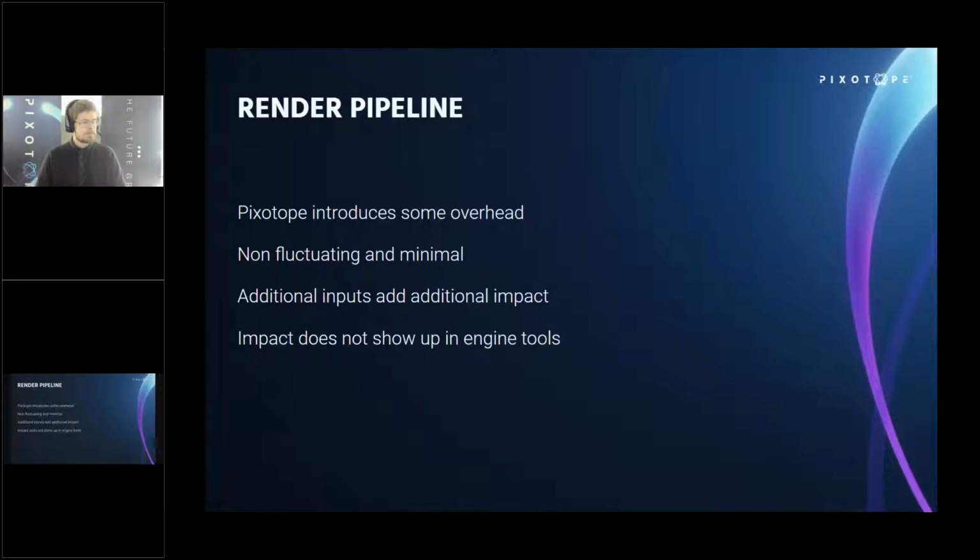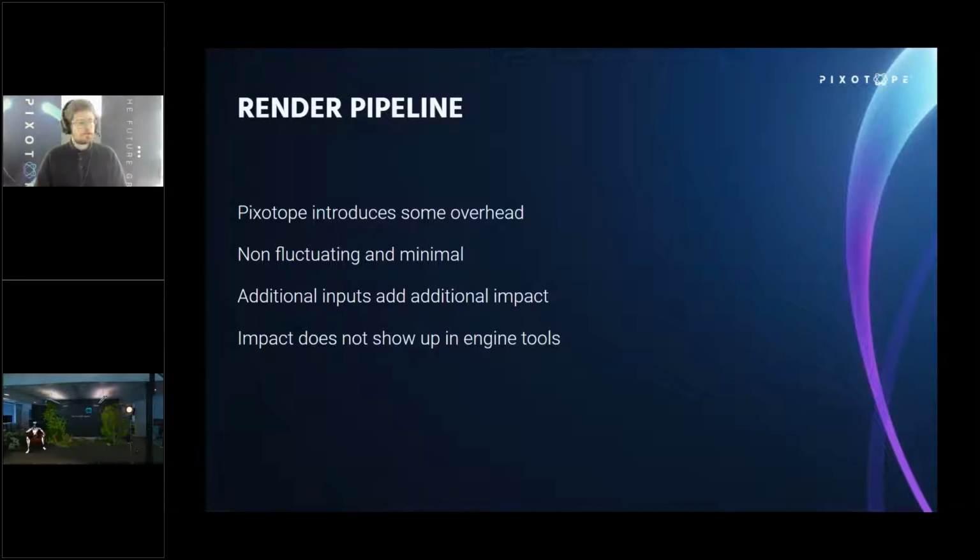So on that note, let's dig into it. We're going to start off by discussing the Pixitope render pipeline. Now, we spent a lot of time looking at the input and the output of Pixitope. If we change our feed, we actually have a live output feed coming out of Pixitope right now. And something that a lot of people often ask us is, what is the overhead?